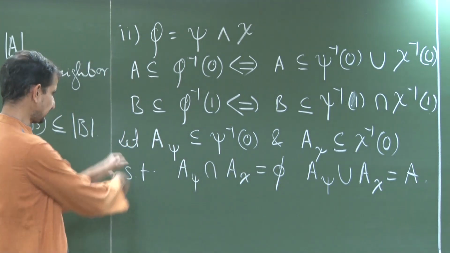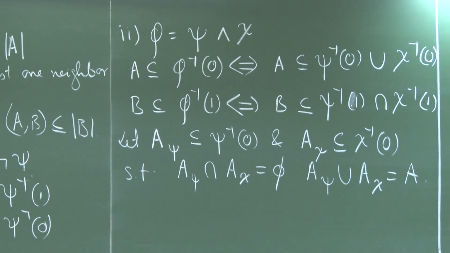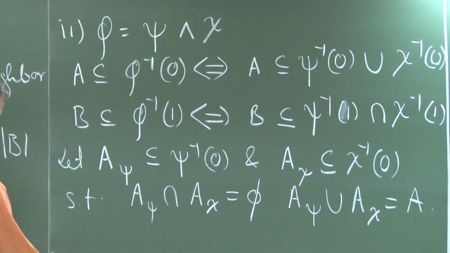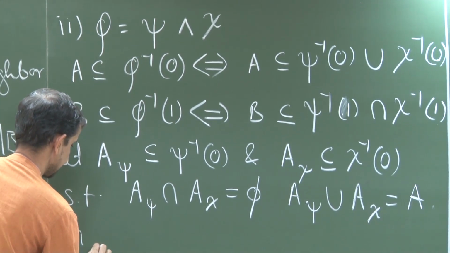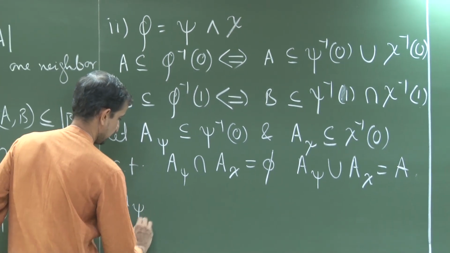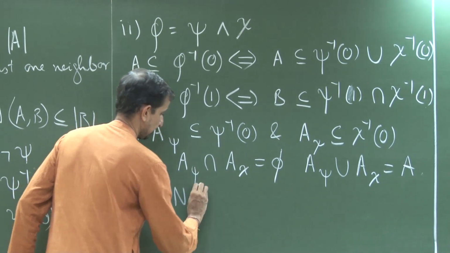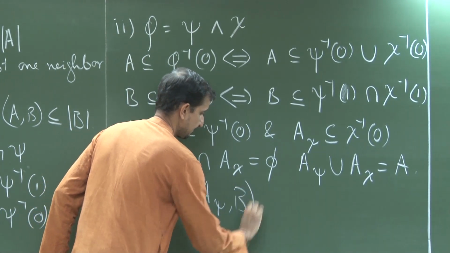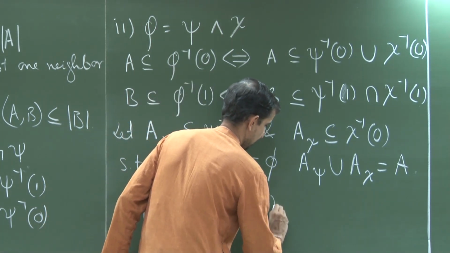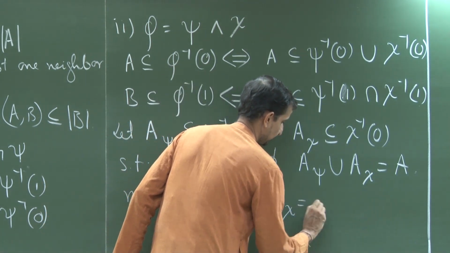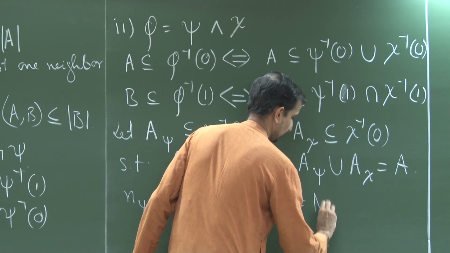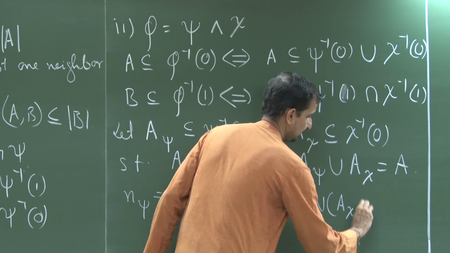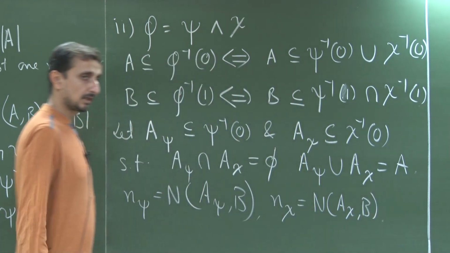Okay. This is any partition, and I will also use another notation. I will use n psi to be n of A psi comma B and n chi to be equal to n of A chi comma B. Okay.